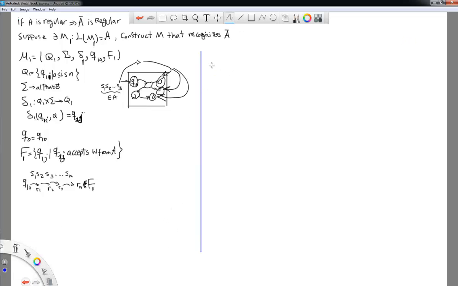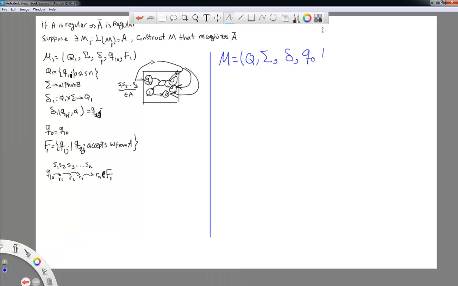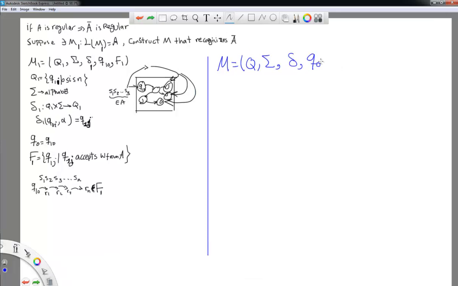Okay? So I'm now going to construct an automaton M. I'm going to call this Q, sigma, delta, Q sub 0, and F, that accepts strings from A complement.